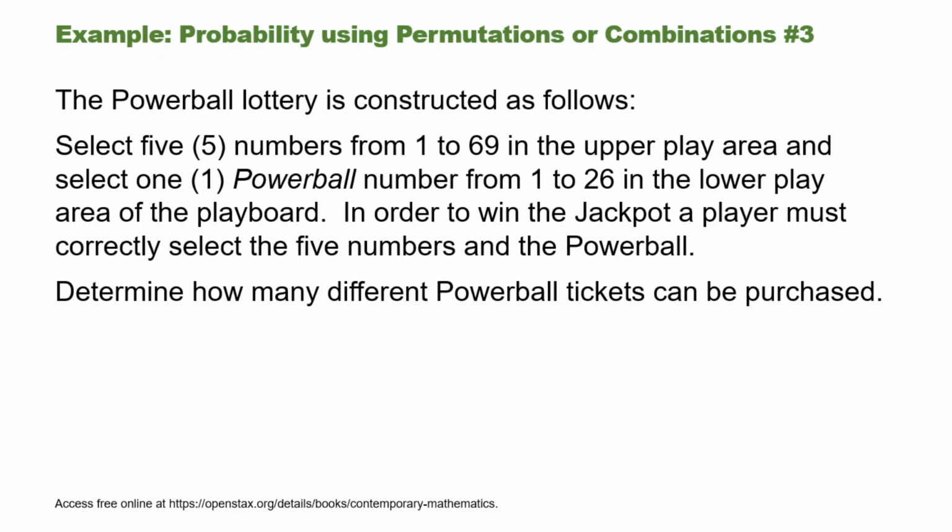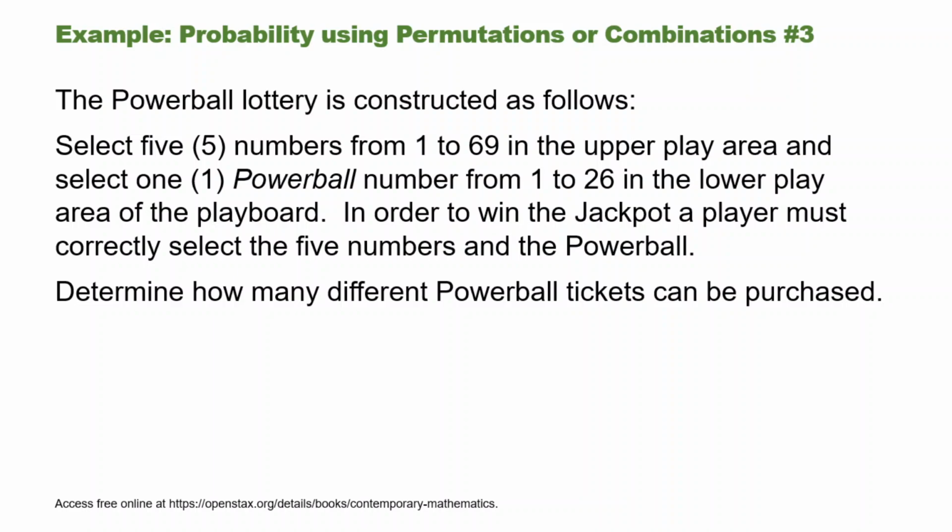Example, probability using permutations or combinations number 3. The Powerball lottery is constructed as follows. Select 5 numbers from 1 to 69 in the upper play area and select one Powerball number from 1 to 26 in the lower play area of the playboard. In order to win the jackpot, a player must correctly select the 5 numbers and the Powerball.